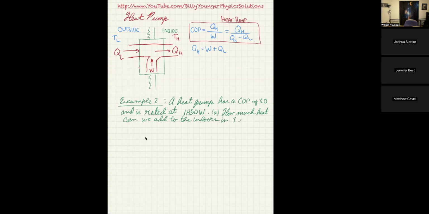In 1 second. And then part B, they want us to try and figure out what the coefficient of performance would be if it was run backwards.